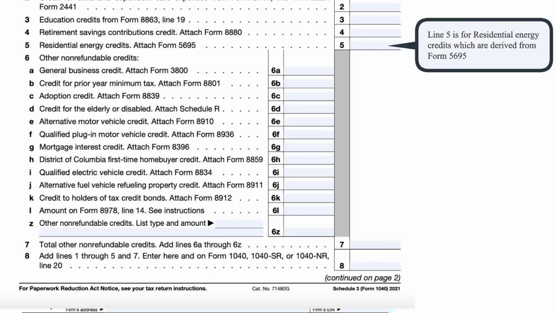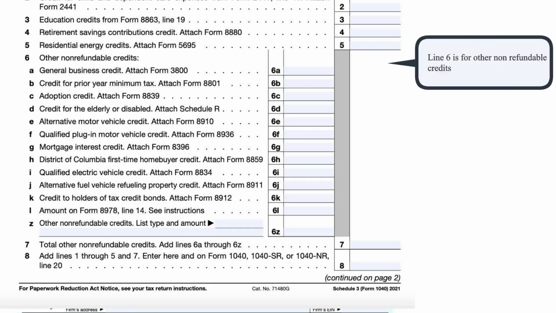Line 5 is for residential energy credits, which are derived from Form 5695. If energy-efficient products or renewable energy systems are purchased and installed in a taxpayer's home, the taxpayer may be eligible for federal tax credits available for residential properties.